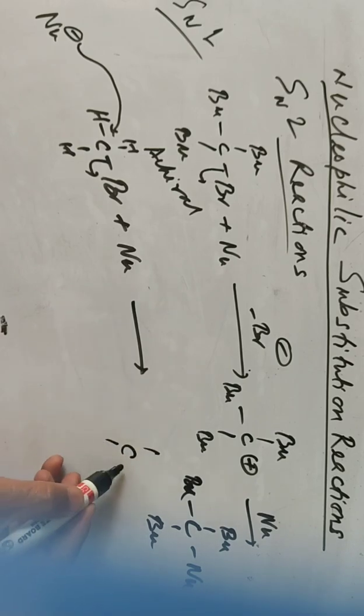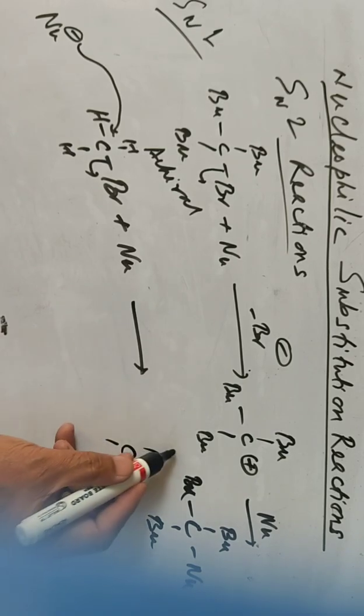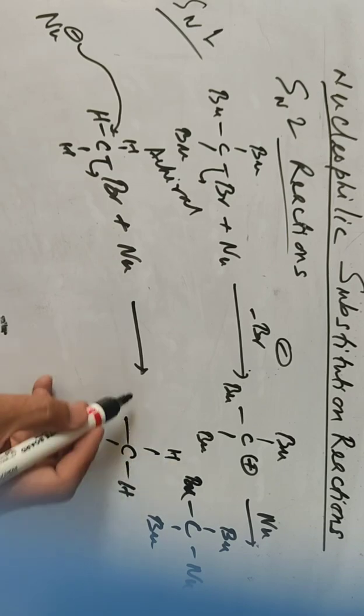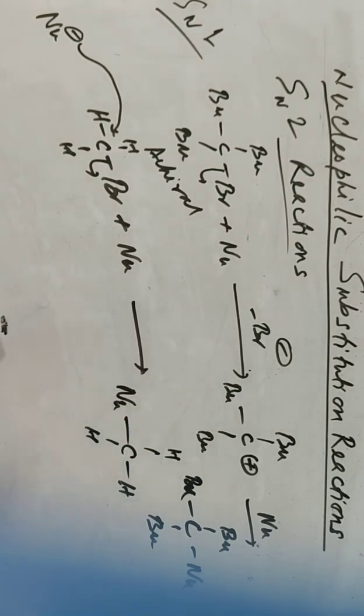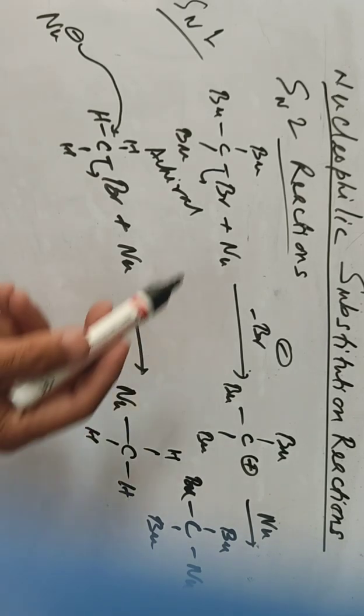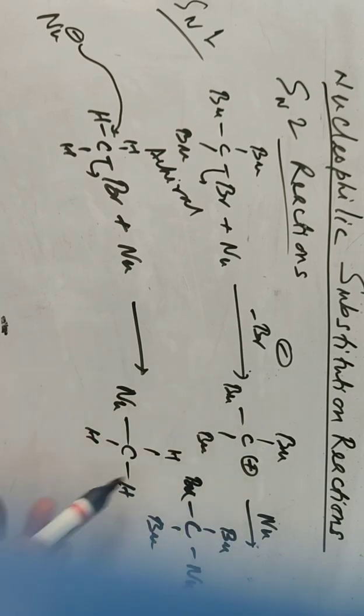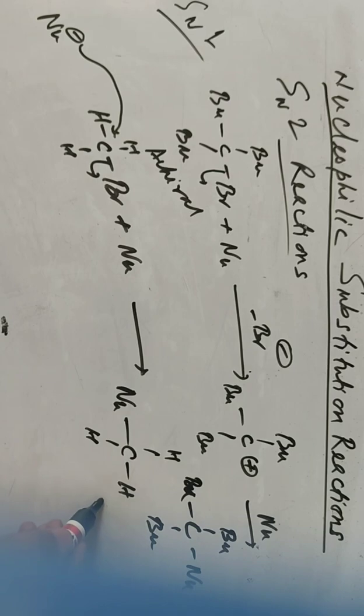Here we have hydrogens, and the nucleophile. The reaction is a concerted mechanism, and inversion of configuration takes place. In the other case retention takes place, but here inversion takes place. So this is known as SN2.